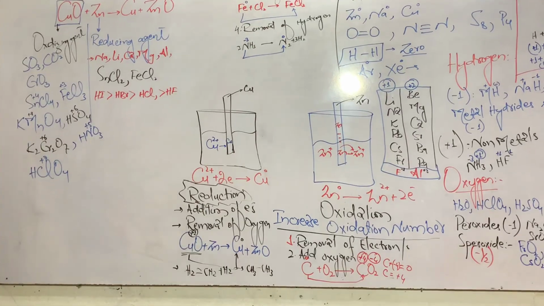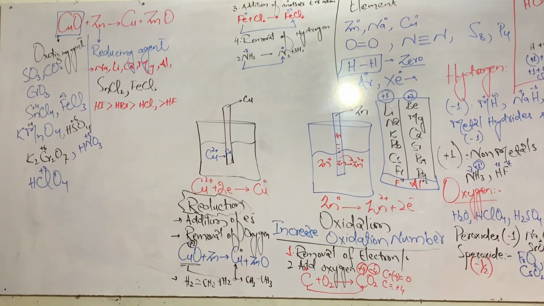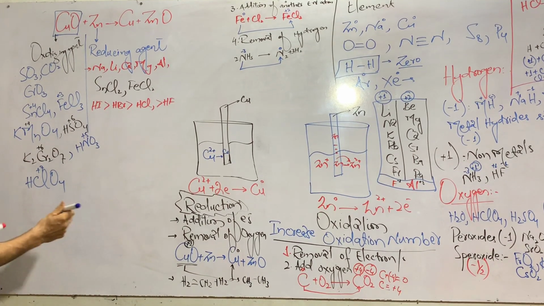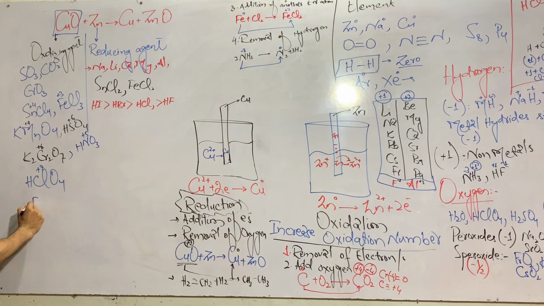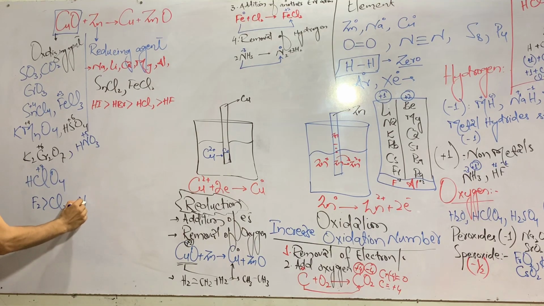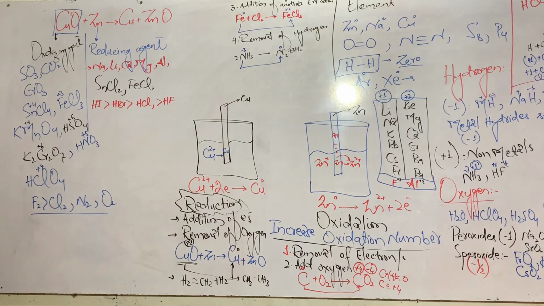Now, after talking about oxidizing and reducing agents, I should mention that non-metals like fluorine, chlorine, nitrogen, oxygen act as oxidizing agents because they can take up electrons. And I must mention this: fluorine is the strongest oxidizing agent.